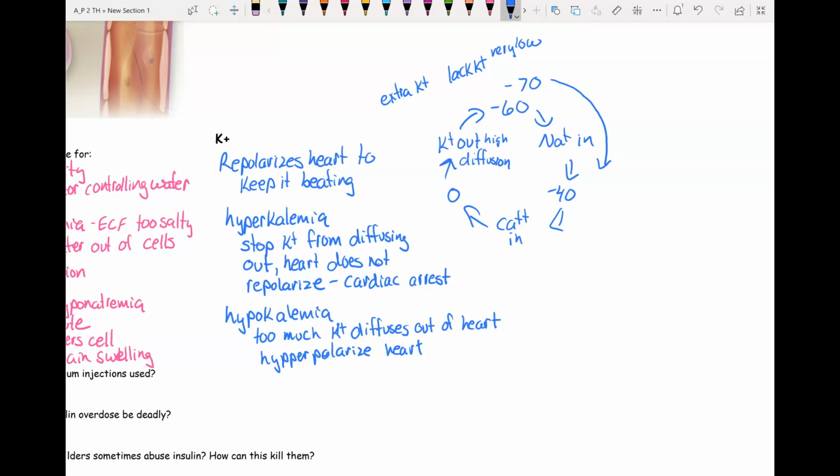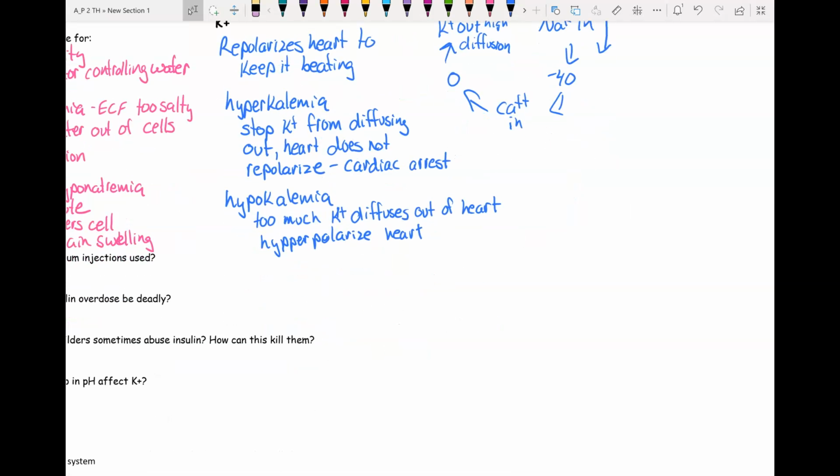And if you don't reach -40, you're not going to open the calcium gates and the heartbeat is going to stop. So you hyperpolarized the heart so low that sodium can't raise it to -40. Maybe the sodium only raises it to -30 now, which isn't enough to open the calcium gates. And so again, cardiac arrest.